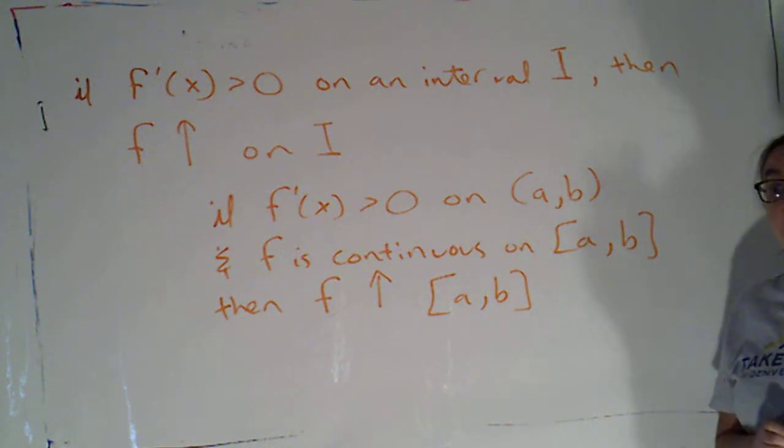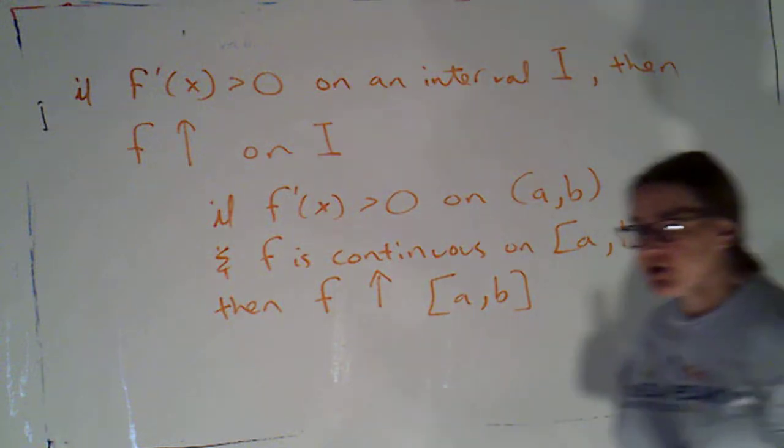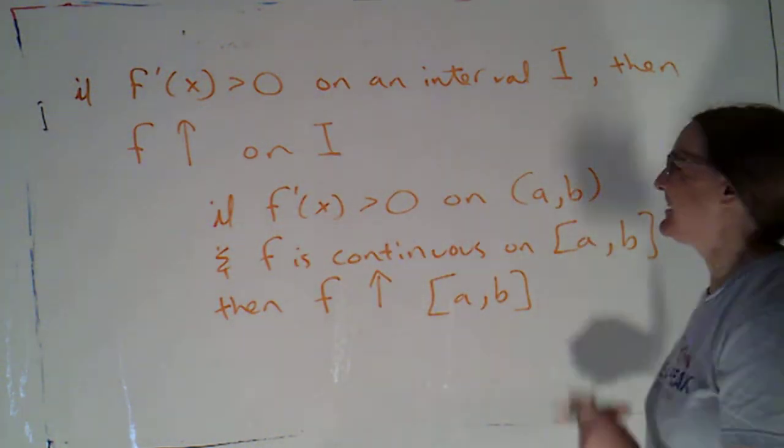I get to throw in those finite endpoints. Let's just take a look at this. And let me give you the second part of this, and then we'll take a look at it in relationship to x squared.